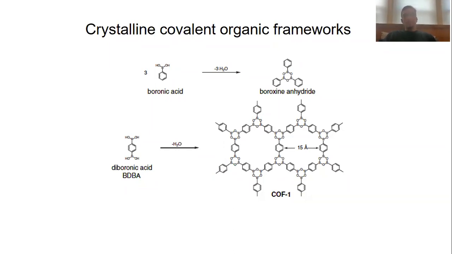The first material that was discovered was this boronic acid anhydride COF. We discussed it already in the last class, and I will just briefly review this. This boronic acid anhydride covalent organic framework is prepared from a single precursor, this boronic acid, just by polycondensation.